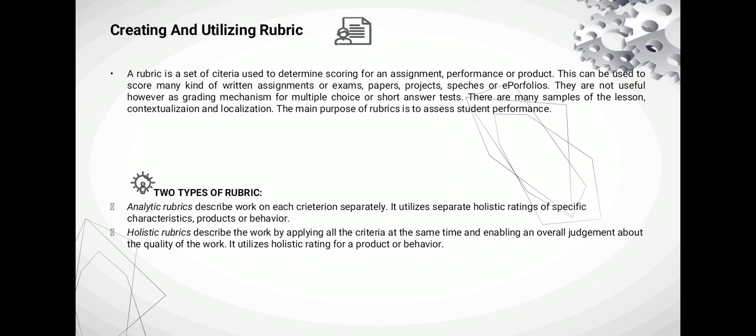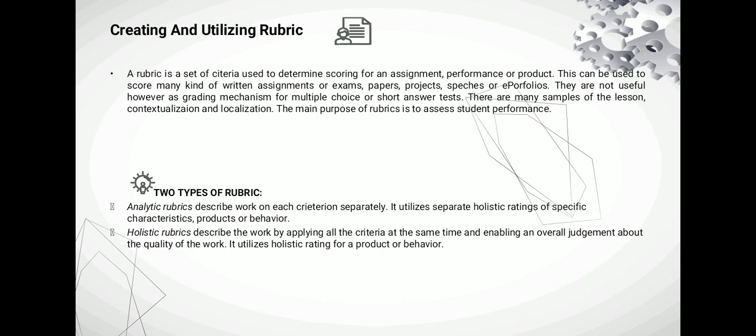Now, what is a rubric? A rubric is a tool that is used in education to provide feedback on students' performance. It is a set of criteria that outlines what is expected in an assignment or a project.